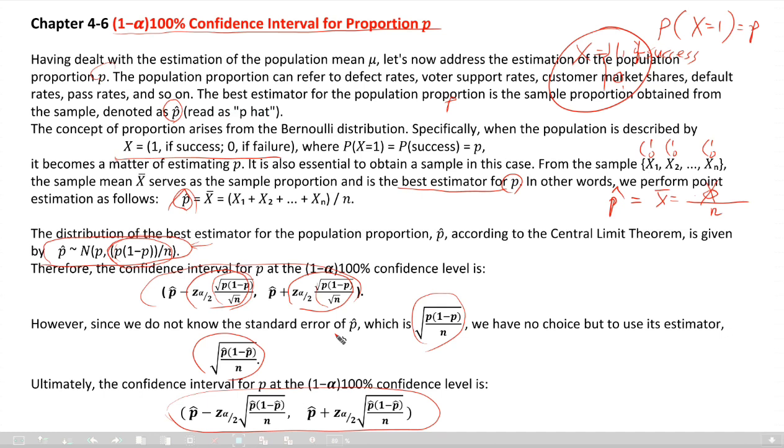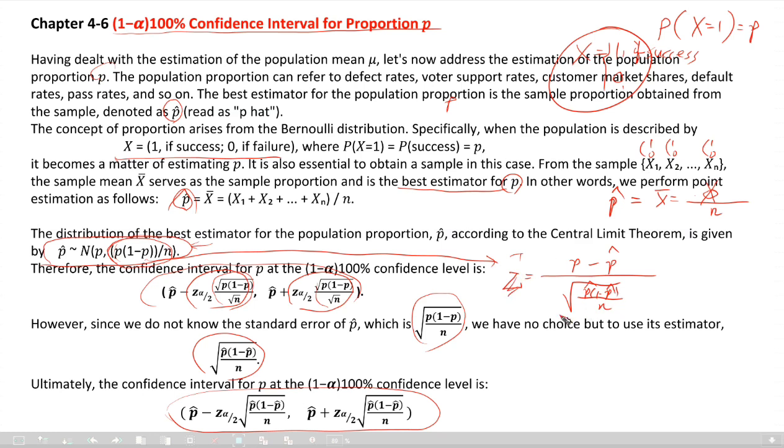Now, p minus p hat divided by square root of p times 1 minus p over n is standard normal. But when we substitute p hat, it becomes a different random variable, and something like t, no way.